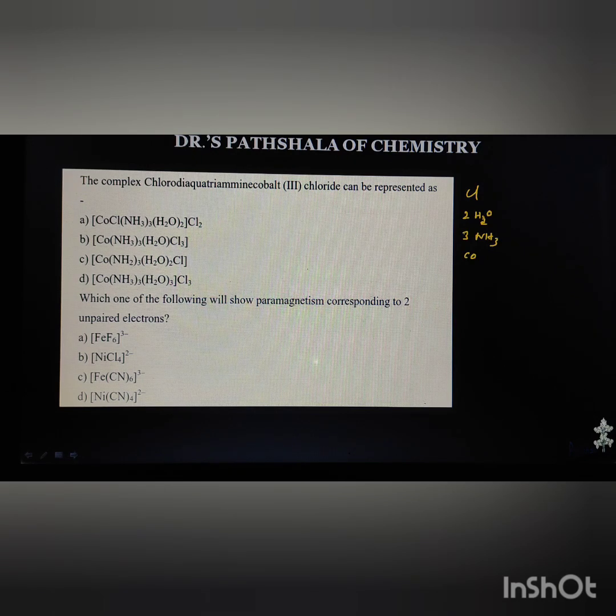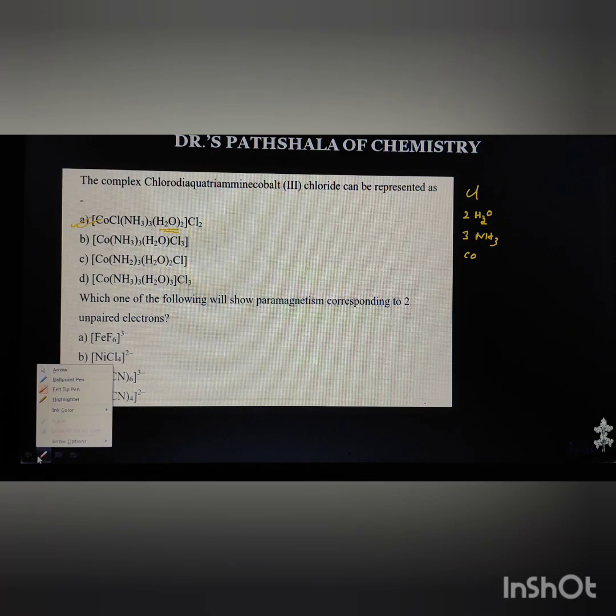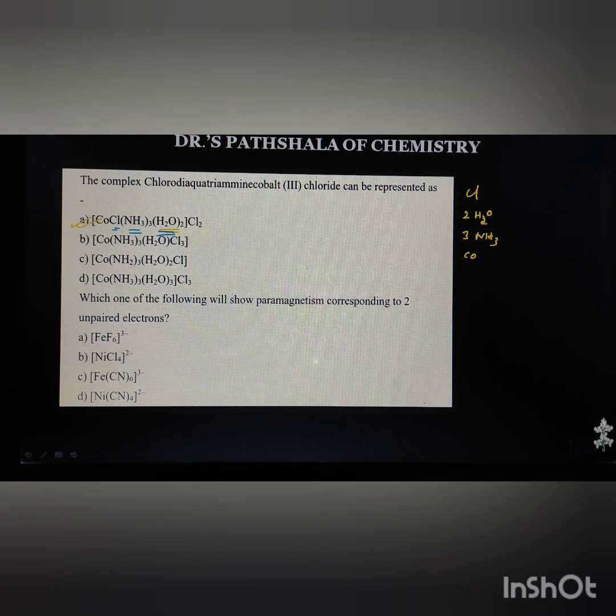So if we see option A, which is the correct answer, chlorodiaquatriamminecobalt(III) chloride can be represented like this. Chloro means 1 chlorine, diaqua means 2 H2O, 3 ammonia, 1 chlorine, and outside the bracket there is a chlorine, that means chloride.